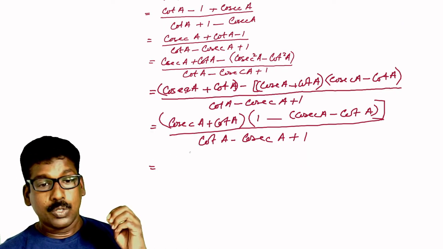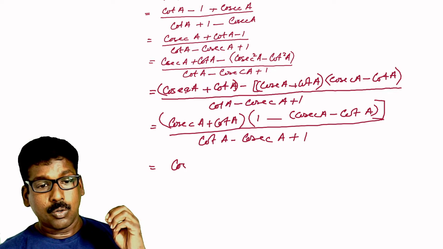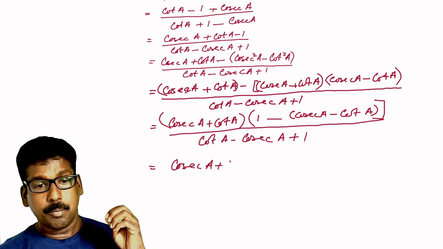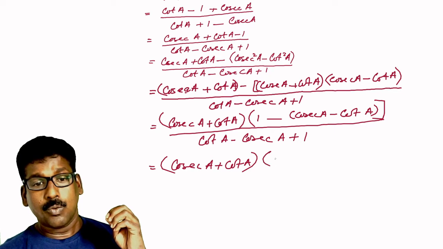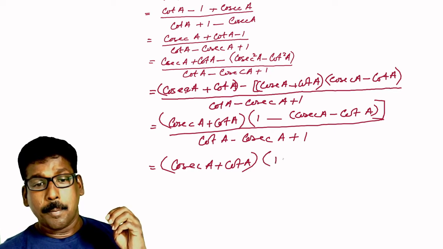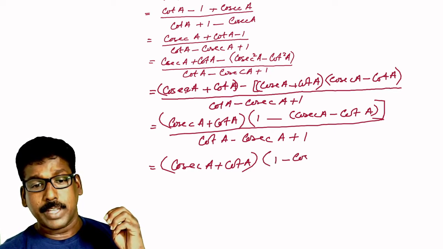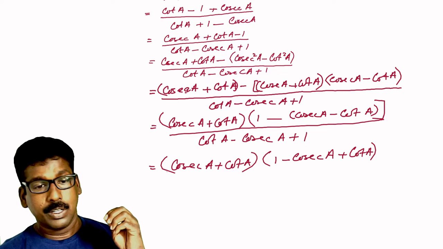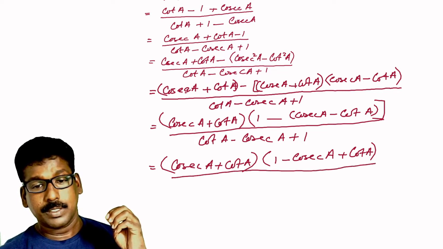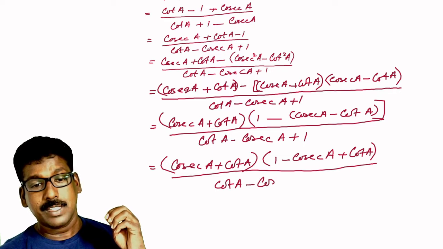So you can write it as cosec a plus cot a into 1 minus cosec a, minus of minus cot a is plus cot a, whole divided by cot a minus cosec a plus 1.